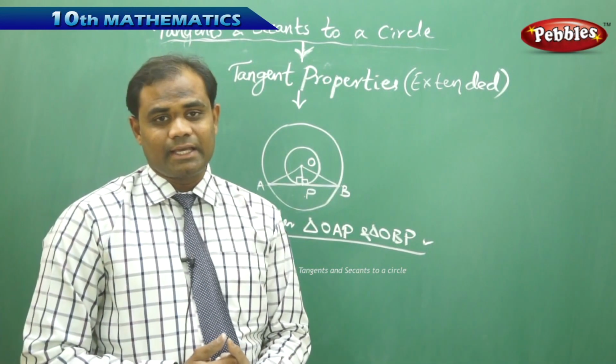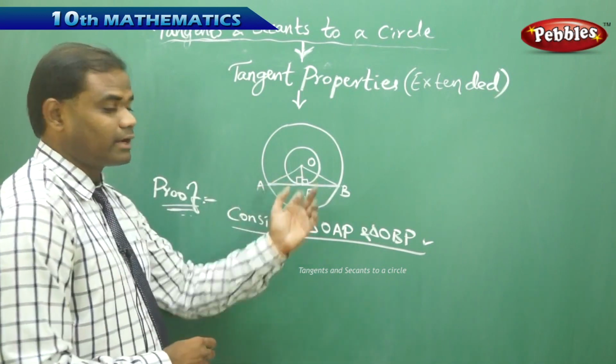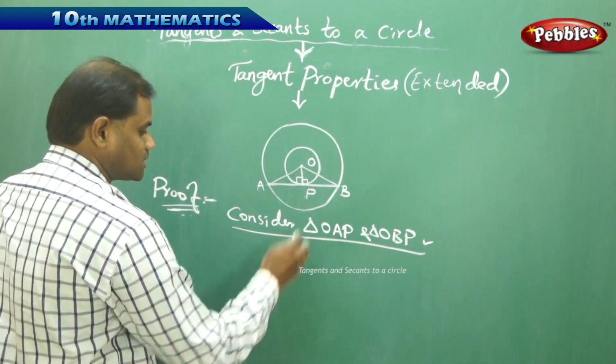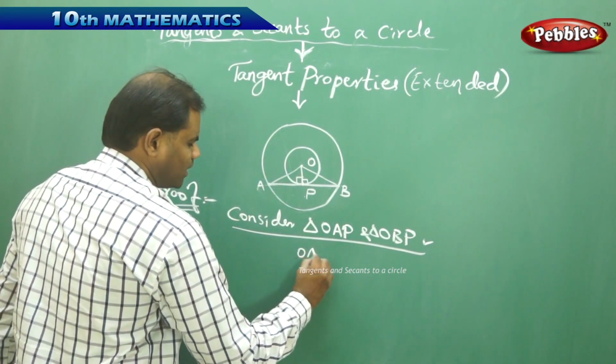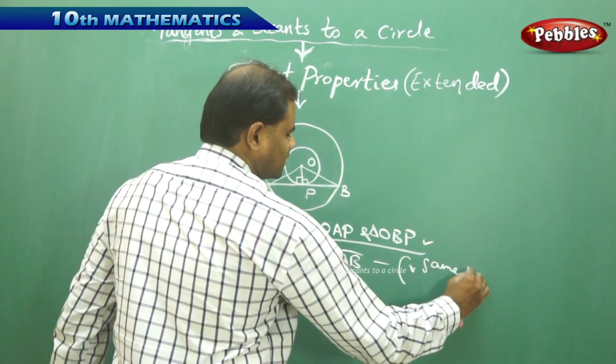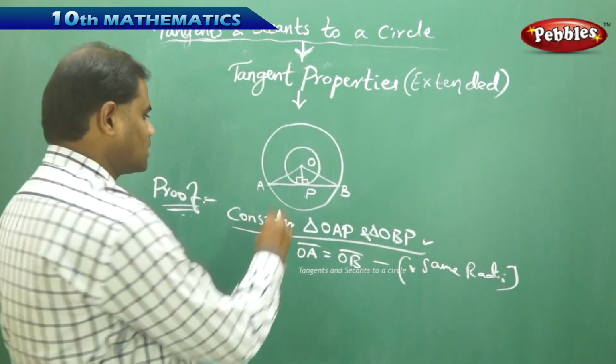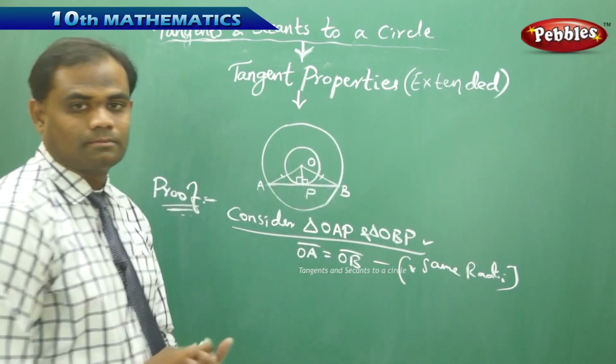By RHS congruency, I have these two triangles congruent. That is, if I start with OA is equal to OB because of the same radii, therefore this must be equal to this.